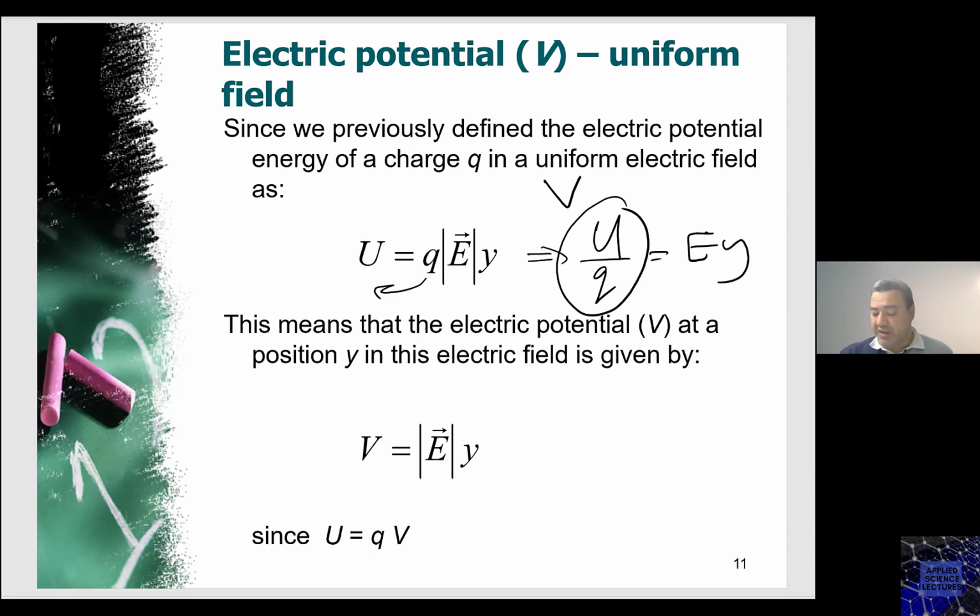As you can see, this electric potential is related to the electric field. The distribution of the space within an electric field will have unique electric potential values. So if I bring a charge and put it in this location, then that charge will have an electric potential energy U equals Q times V.